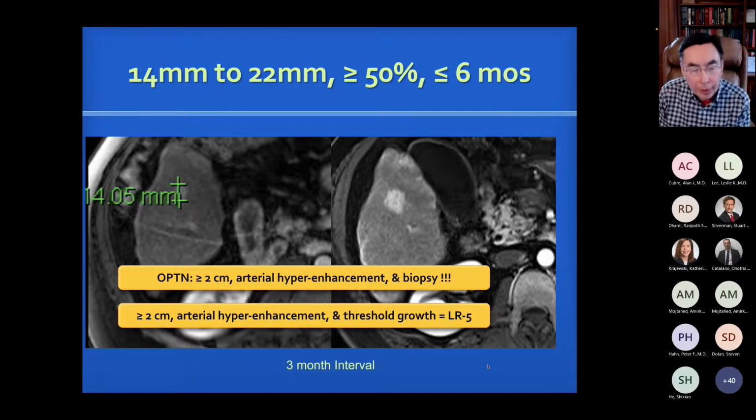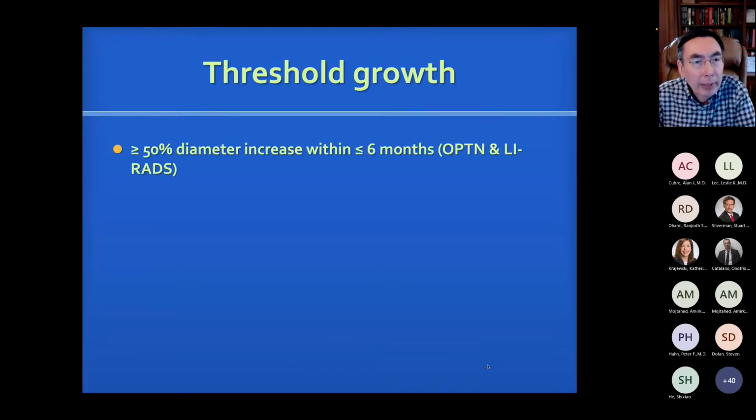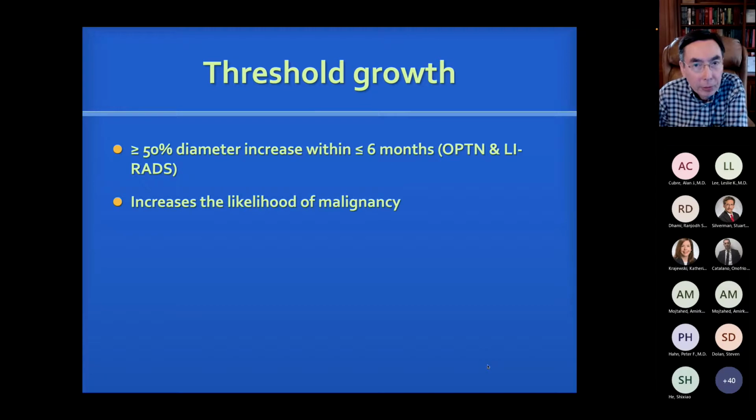So that's one situation where we can use biopsy to establish the diagnosis and still generate MELD points. The definition for threshold growth, again, is at least a 50% diameter increase within 6 months. And this is now congruent between OPTN and LI-RADS, so there's no discrepancy there. Of course, any threshold growth increases the likelihood of malignancy in general, and certainly for HCC.